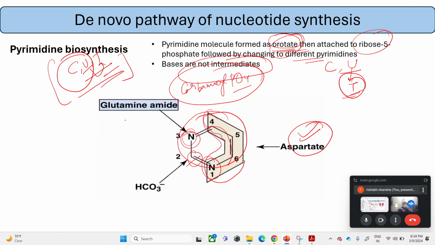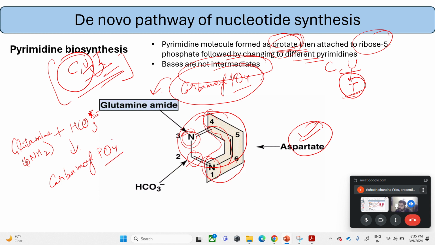Let's talk about the formation of carbamoyl phosphate. Glutamine, which has an amide side chain, reacts with the bicarbonate ion to form carbamoyl phosphate. This is formed by the enzyme carbamoyl phosphate synthetase type 2.